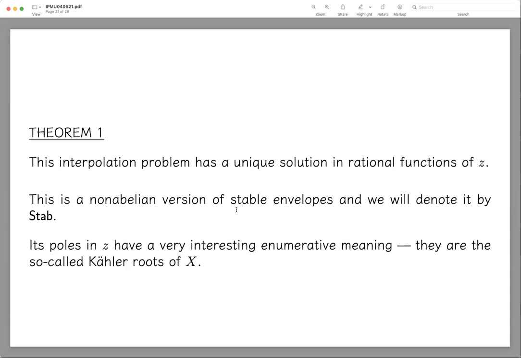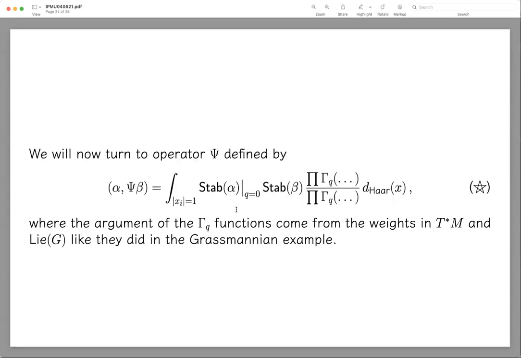And this is, like I said, a generalization of many different things. It generalizes stable envelopes, in ordinary homology, K theory, and elliptic homology, to this setting of general group, first elliptic and second non-abelian. Well, anyway, that's what theorem one says.